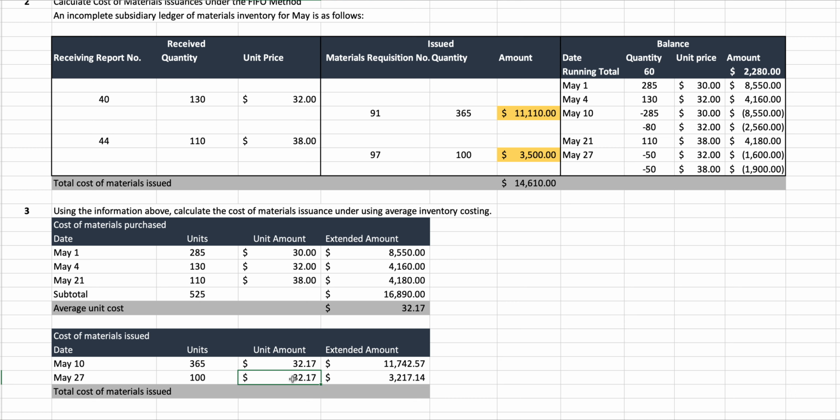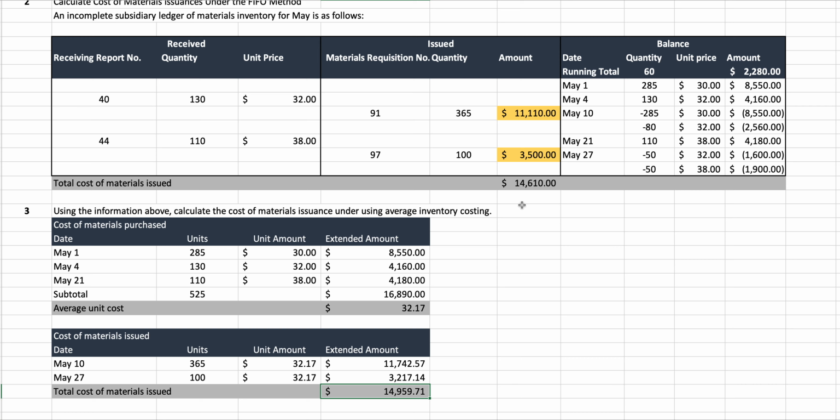It's the same amount. And that total cost was $3,217. That gives us a total cost of $14,959 and some change. And we can see right off the bat that the average cost for this month ends up being more than if we use the FIFO method.